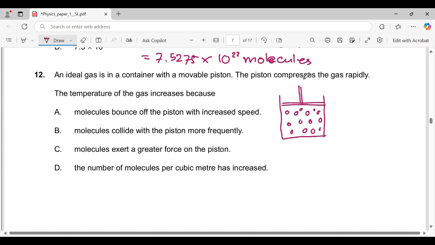If you press the piston, the molecules inside the container will bounce and press the piston when you push it downward. So the exact solution is: molecules bounce off the piston with increased speed, or B, more speed.